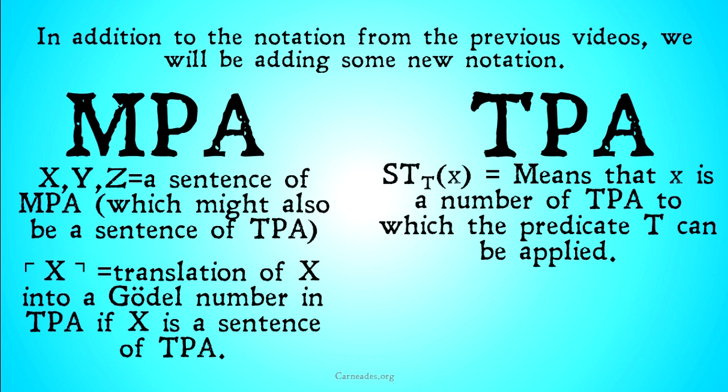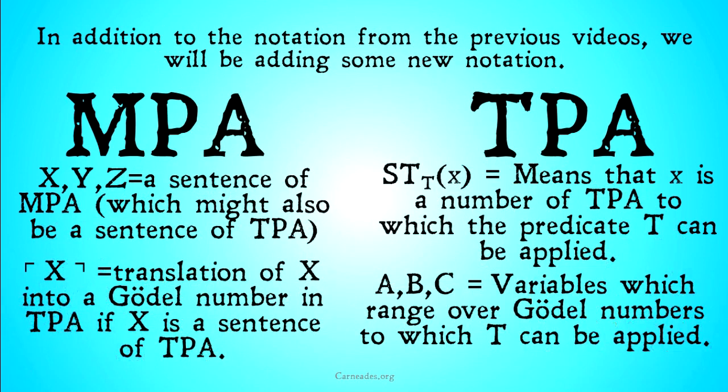Now, ST, lowercase t, X means that X is a number of TPA to which the predicate T can be applied. Remember, our truth predicate, T, is going to apply not to words, not to logical symbols, but to numbers. So ST T X means that X is a number of TPA. It's a Gödel number which T can be applied to. It doesn't necessarily mean that that number represents a true statement, but it's the kind of statement that T can be applied to.